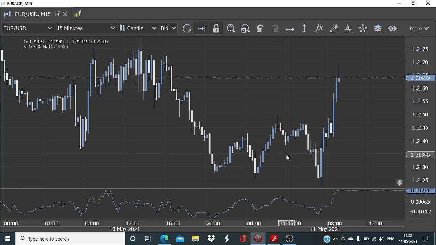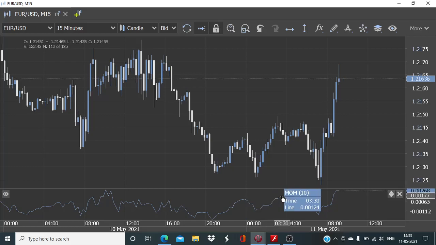So we will be comparing the last 15-minute candle close output for the MOM with the value half an hour back, and that value from half an hour back will be compared to the value 1 hour back. So we will be looking at the situation where the value for shift 1 of the 15-minute candle period is below the output value with shift 3, and the output value with shift 3 should be higher compared to the value with shift 5.